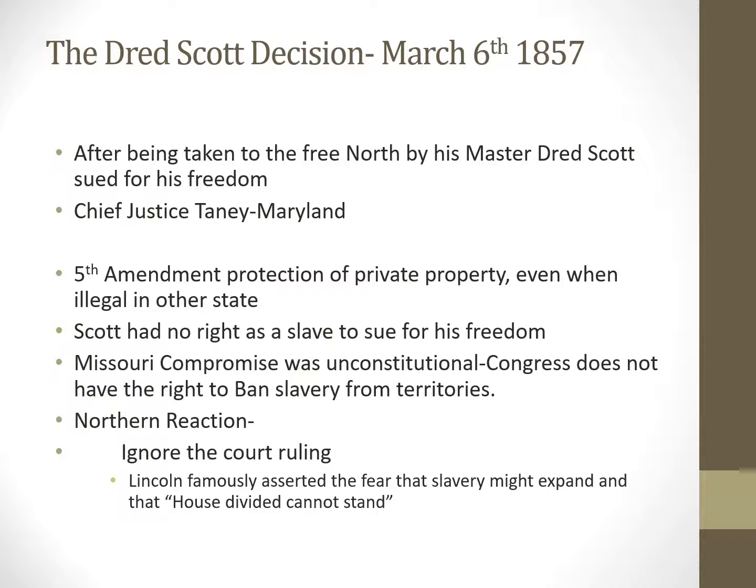This is really what gave Lincoln his early political claim to fame. Lincoln even asserted a conspiracy over the issue with the Supreme Court and James Buchanan and Stephen Douglas, and Lincoln famously came to the assertion that a house divided cannot stand. Lincoln said that the country can't remain part free and part slave.